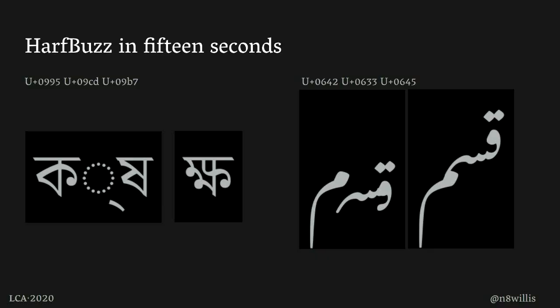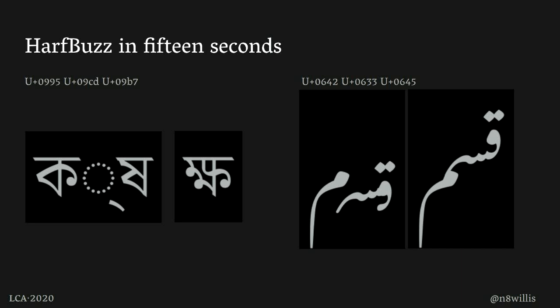I'm going to try and get through this without you having to care too much about what HarfBuzz is. It's a low-level font shaping library, which in simplest terms takes little sequences of Unicode characters and turns them into correctly positioned and substituted glyphs from a font.